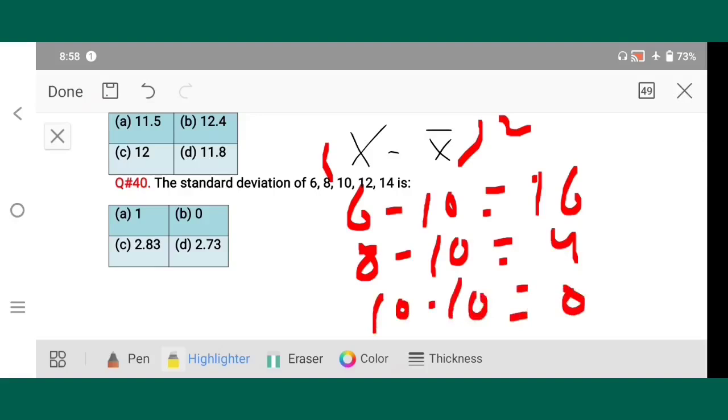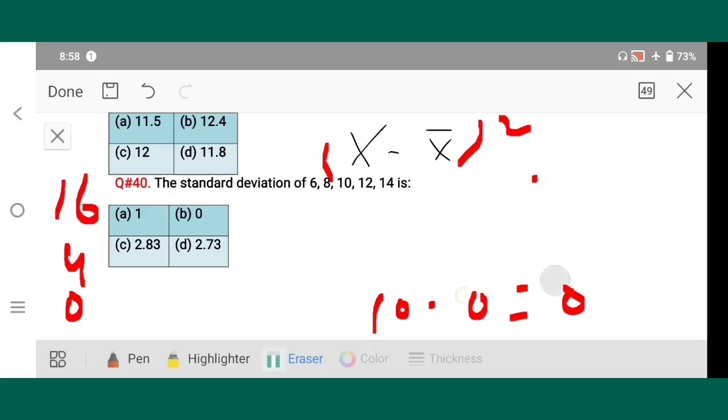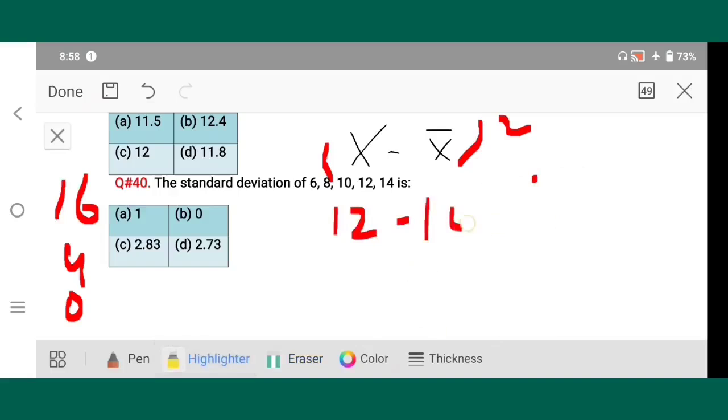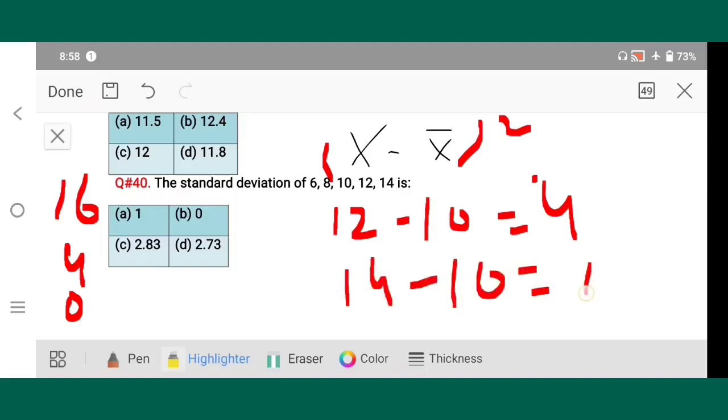So I'm just writing over here 16, 4, 0. 12 minus 10 gives 2, so 2 square gives 4, and 14 minus 10 gives 4, so 16. So 4 and 16.